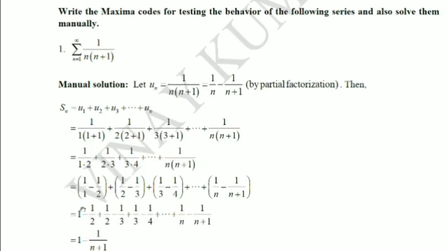Plus 1 by 2 into 3, etc. So by using this, we can write this one as 1 by 1 minus 1 by 2, plus, by this formula, here your n is 2, so 1 by 2 minus 1 by 3. Similarly, you can write this one as 1 by 3 minus 1 by 4, etc. Up to 1 by n minus 1 by n plus 1. What is the previous term here? Yes, it is 1 by n minus 1 minus 1 by n.